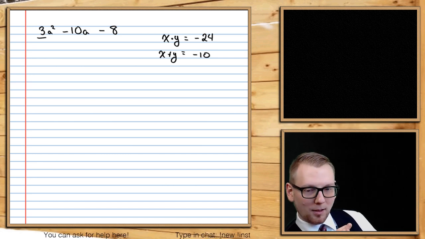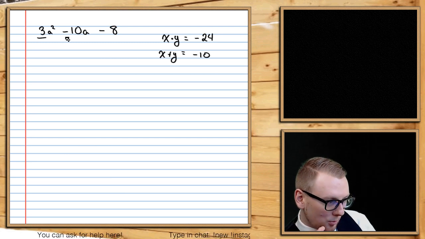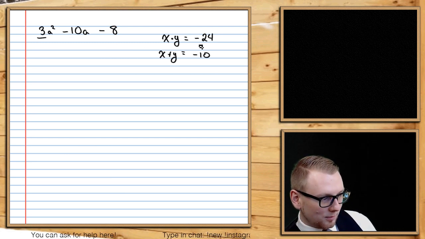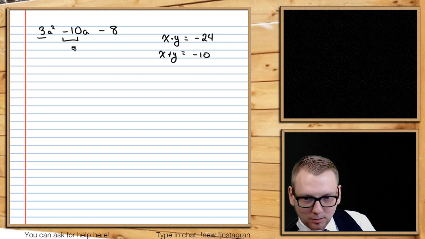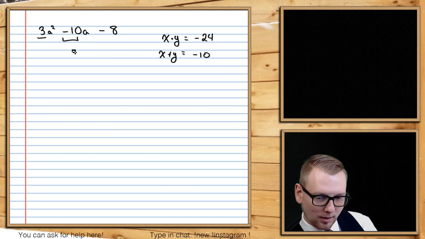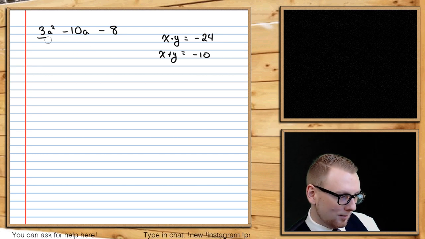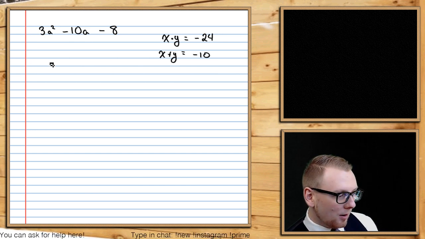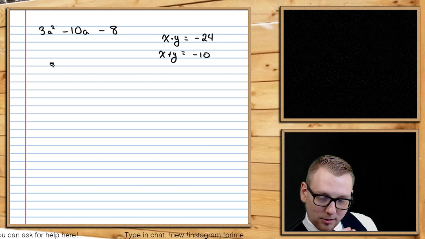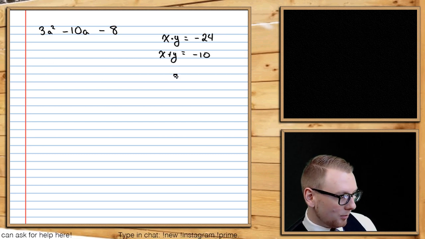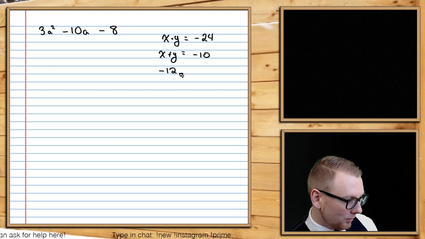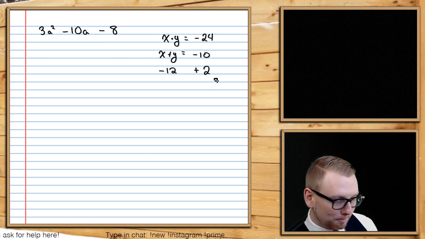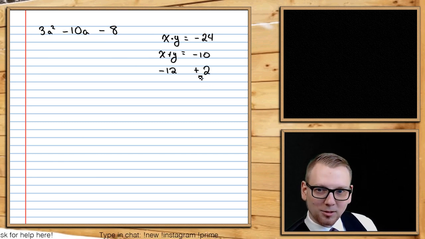Okay, good. You know that it's the 3 times the minus 8 to give you the 24, and then you got the minus 10 from right here. Then you found out that the two numbers we needed were minus 12 and plus 2, right? You're good on that so far?